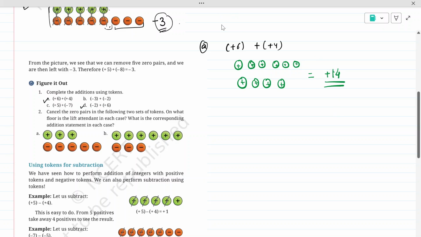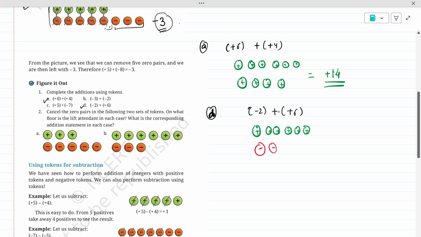Next question. I'm doing the D part. D part: minus 2 and add plus 6 to it. That means we have 6 plus tokens, green tokens. Also, we have 2 red tokens.